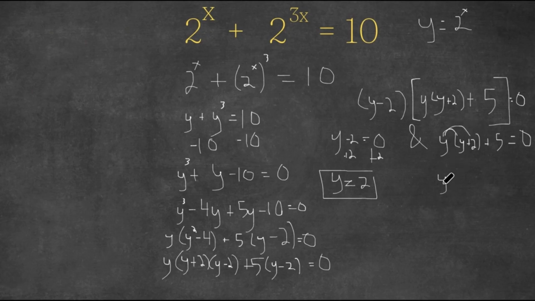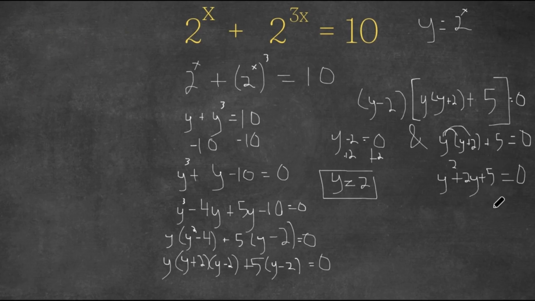So we get y squared plus 2y plus 5 equals 0.